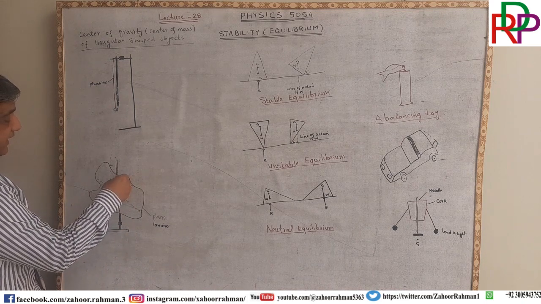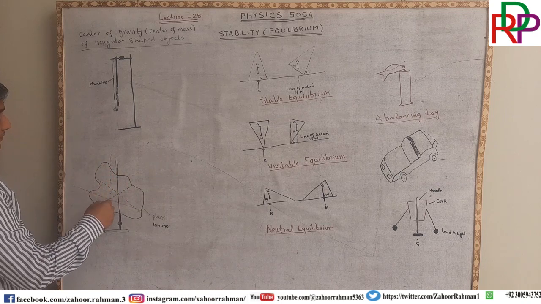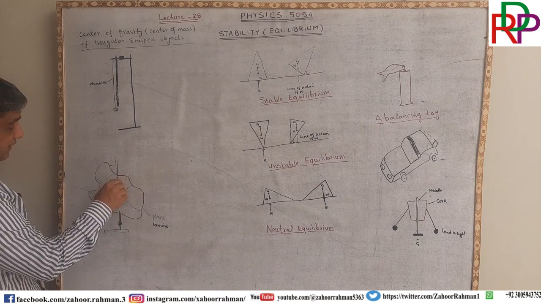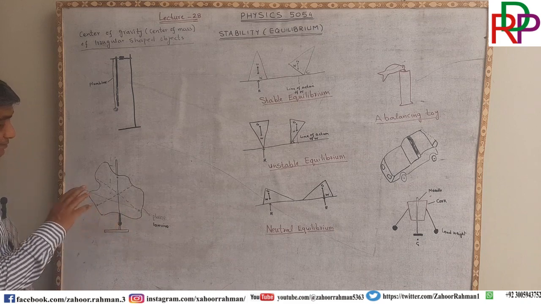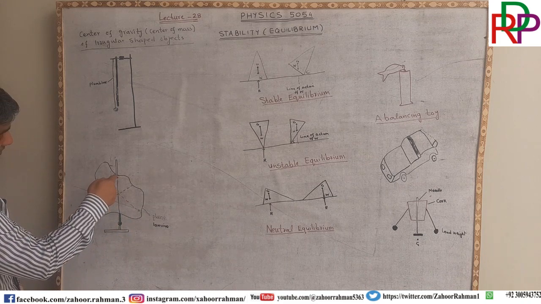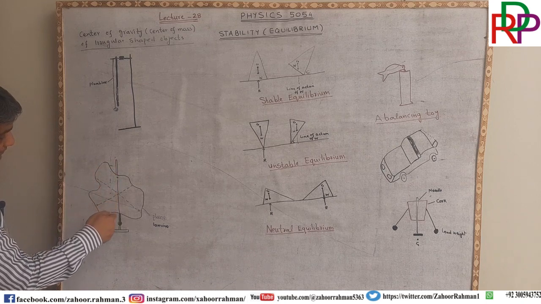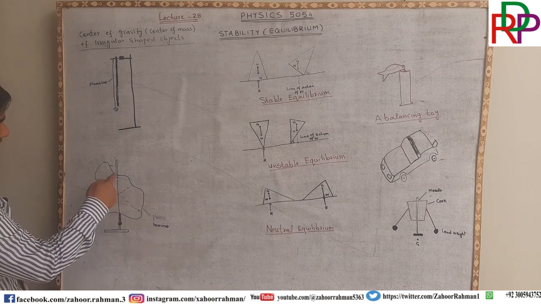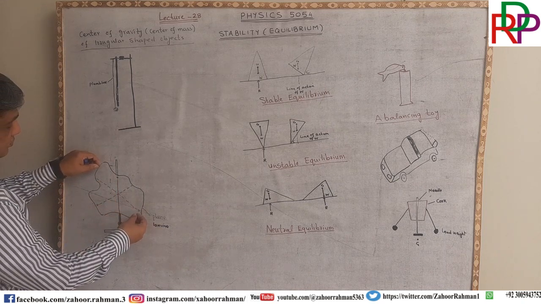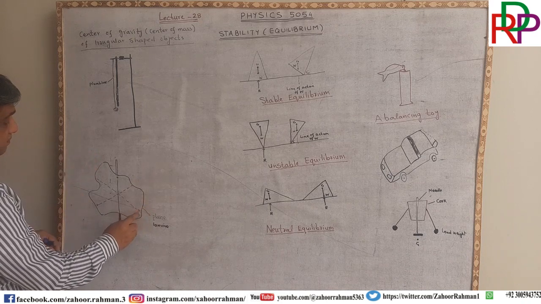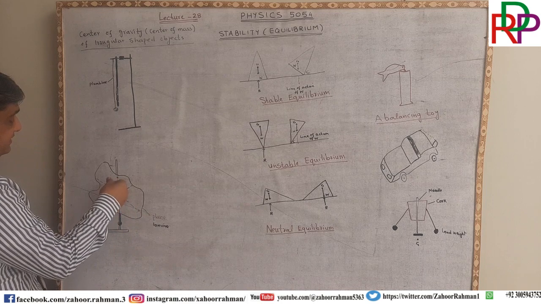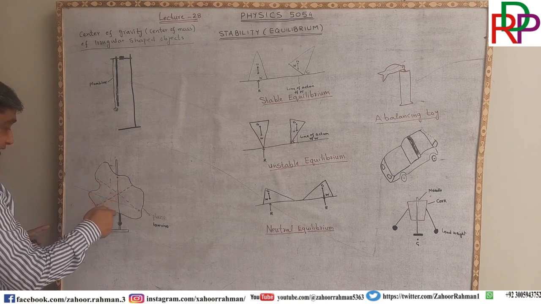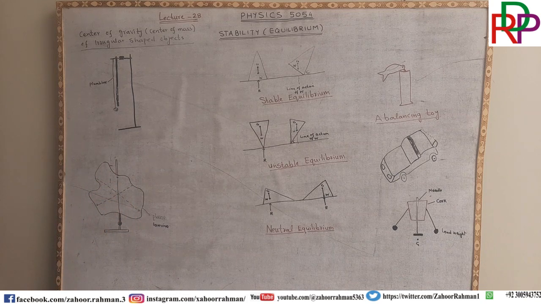Now hang this lamina with the help of a pin, and when the plumb line is stable and not moving, draw a straight line with the help of the scale. Then remove it and put the second hole on the pin, and again draw a line along the thread of the plumb line.